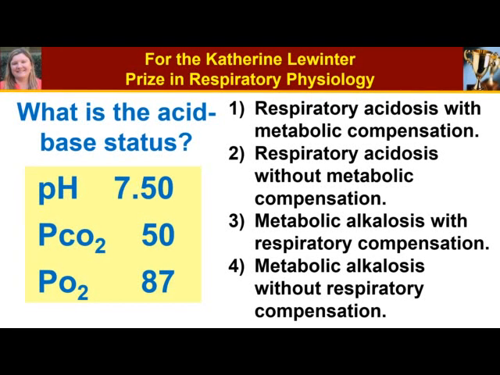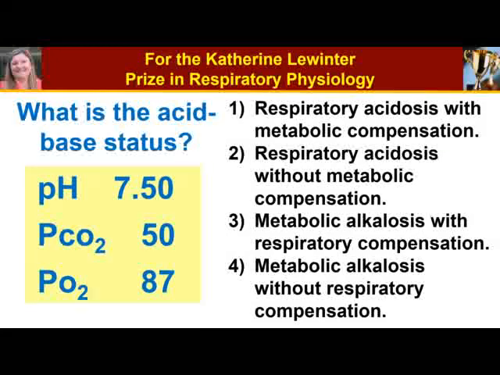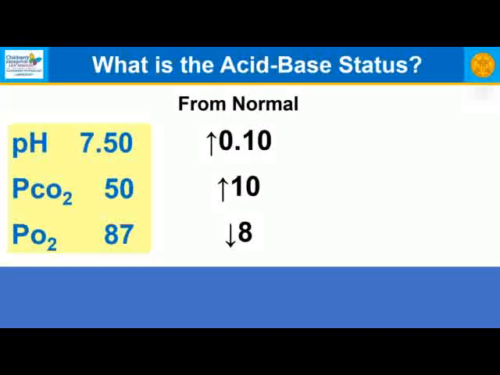All right, how about this one? pH 7.5, PCO2 50. So respiratory acidosis with metabolic compensation, respiratory acidosis without metabolic compensation, metabolic alkalosis with respiratory compensation, respiratory alkalosis without respiratory compensation. So the pH is up 10 hundredths of a pH unit. PCO2 is up 10. All right.